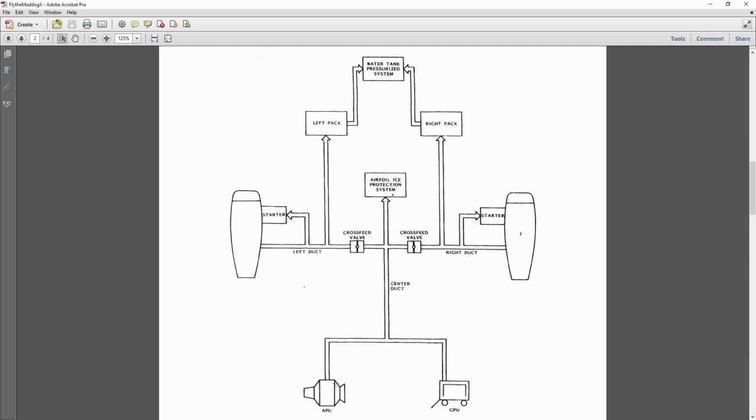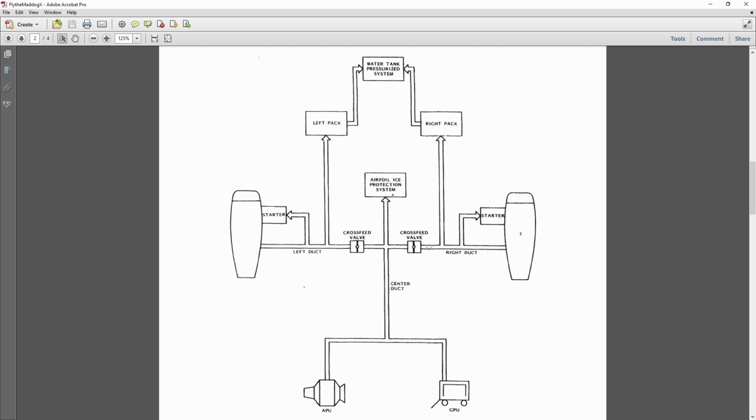The only thing the APU can do with its air, if those valves are closed, is go to the airfoil ice protection system, which may be helpful, but it won't start our engines and it won't cool or heat our plane. So when you're using the APU, generally speaking, those valves should be in the open position. If you're trying to start the engines, same thing. Those valves need to be open because we've got to get air to the starter on those ducts.